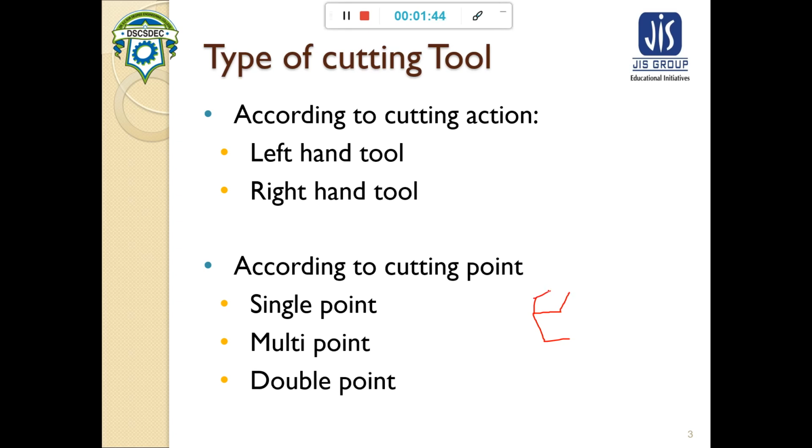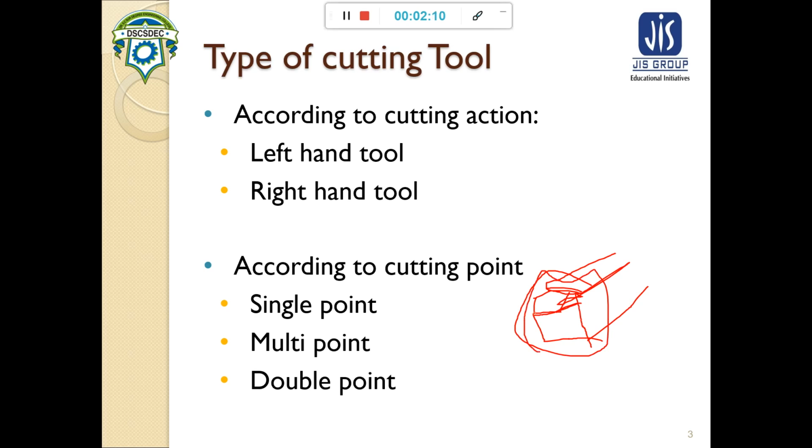Now the point means the whole cutting edge, the whole cutting face is known as point. Means for a cutting tool like this, this whole section is known as point.